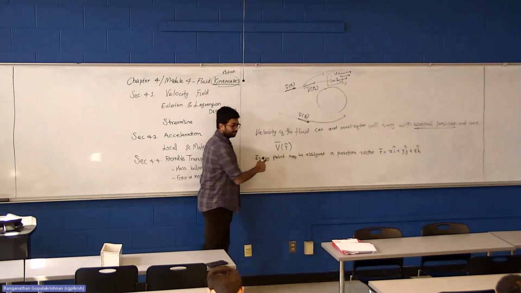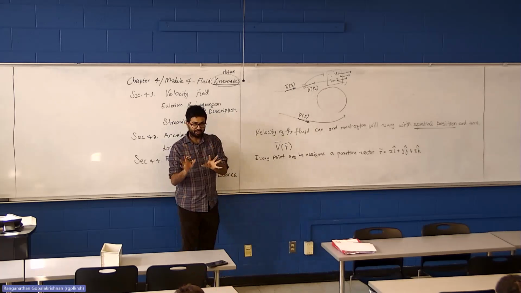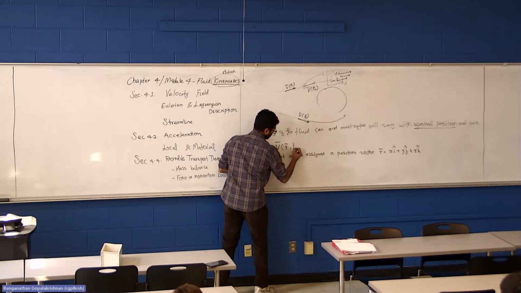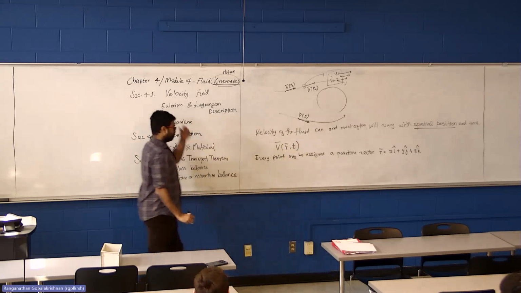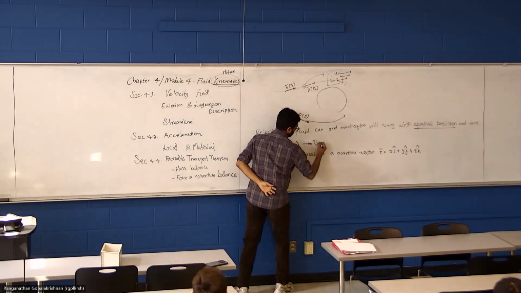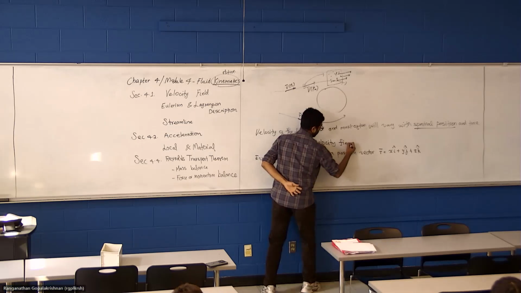That's what I've written. And it can also change with time. We'll talk about that, but I'm just going to write that it can be a function of both position and time. This quantity, we call it the velocity field.